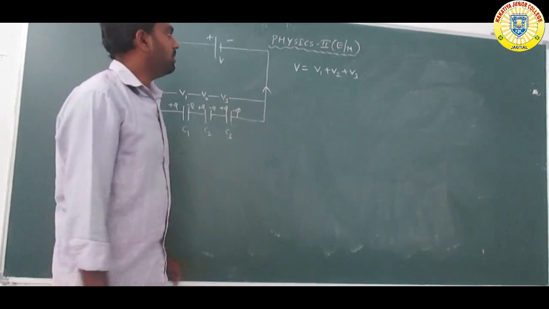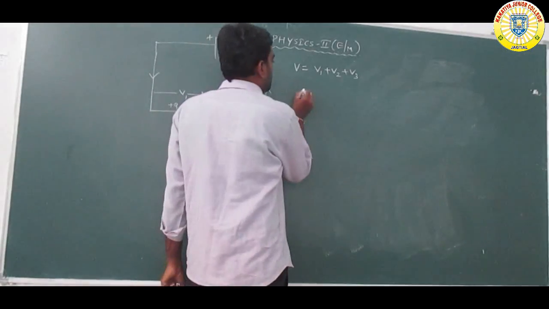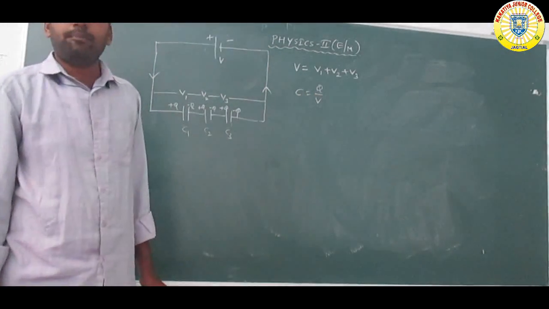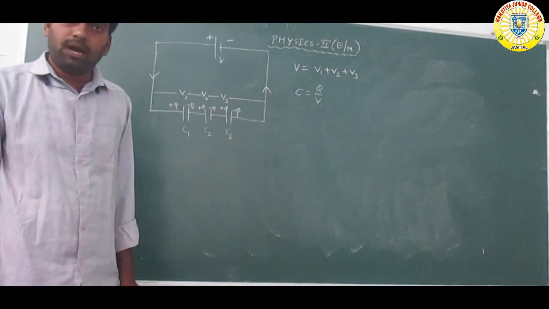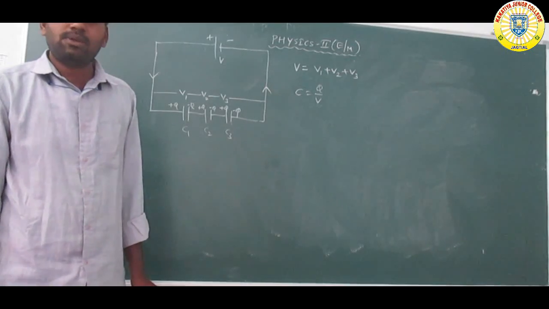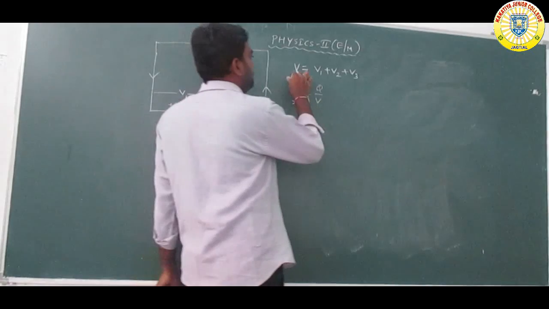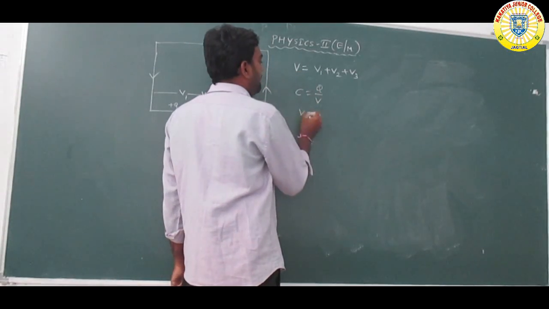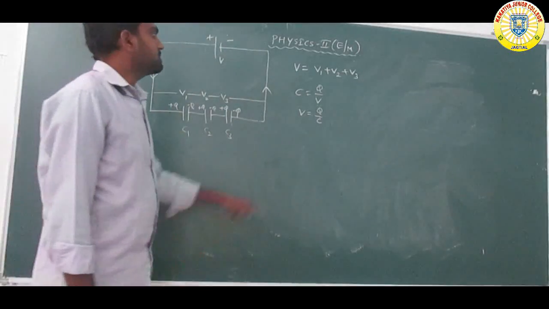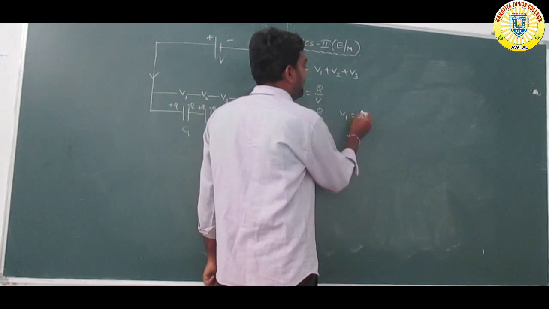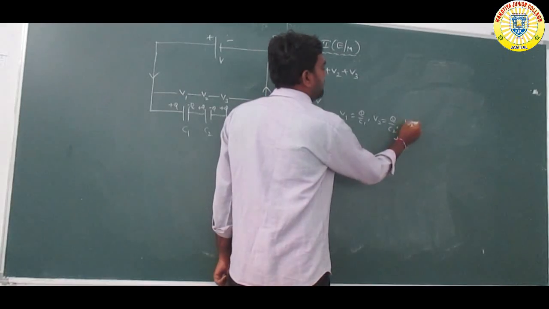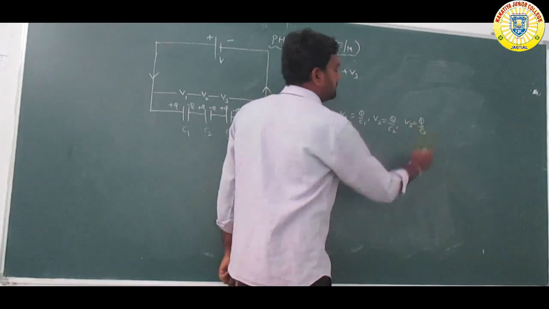Okay, got it? Already we know the capacitance equation, C is equal to Q by V. So V is equal to Q by C. We can write V1 is equal to Q by C1, V2 is equal to Q by C2, and V3 is equal to Q by C3.